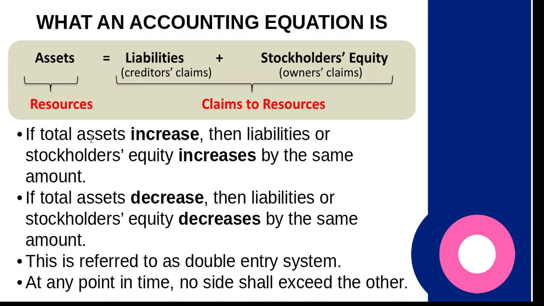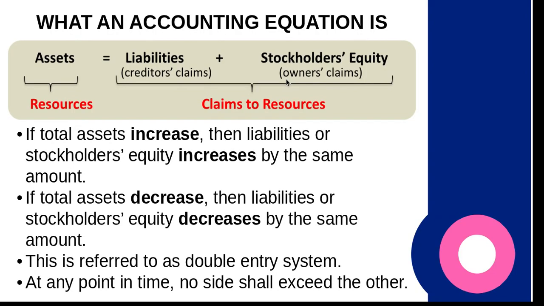So if the total asset increases, either the liability or the equity must increase, because at every particular point in time the equation must balance. This side of liability and stakeholders fund must not be greater than the resources, which is the asset of the business. The asset of the business too must not be greater than the liabilities and the shareholders fund.